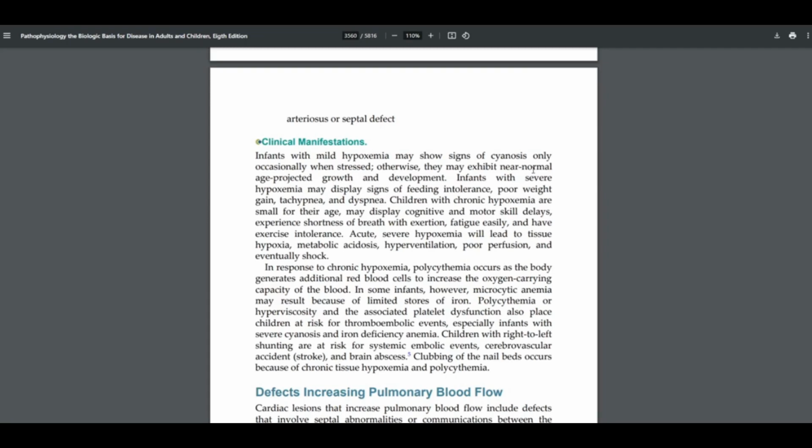In response to chronic hypoxemia, polycythemia occurs as the body generates additional red blood cells to increase the oxygen-carrying capacity of the blood. In some infants, however, microcytic anemia may result because of limited stores of iron.